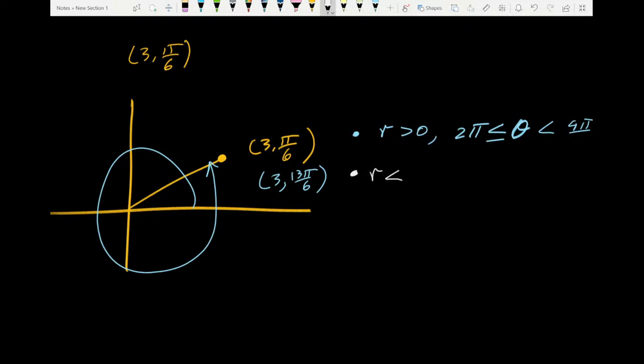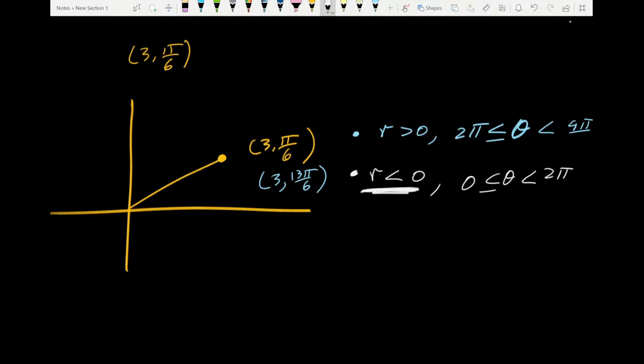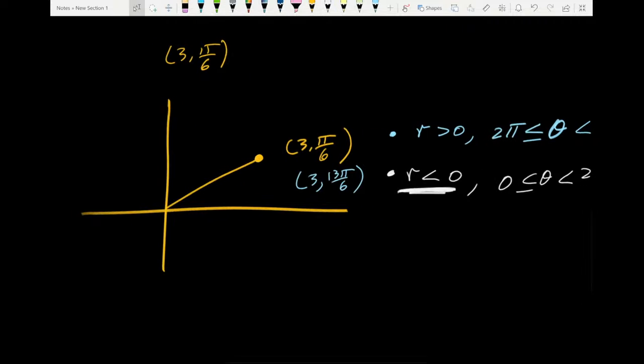What if I make r less than 0, but the angle theta is from 0 to 2 pi? This is the tricky part. Note that the radius is negative, so the point has to land in this direction. Since it has to land in this direction, the initial angle has to be somewhere over here.